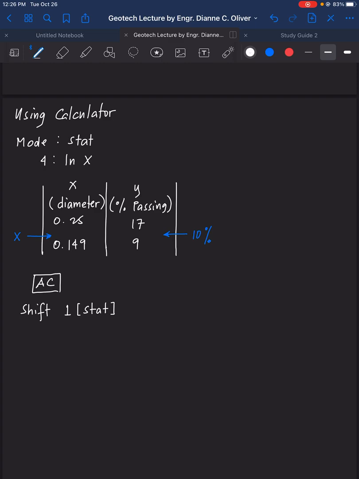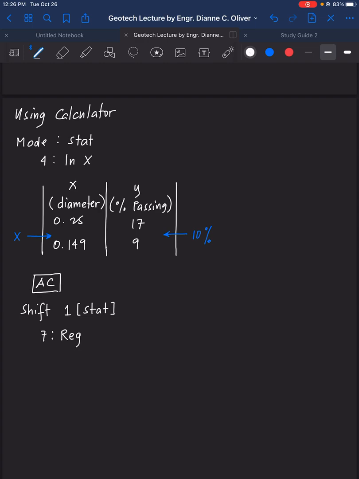Shift 1, and then you will choose number 7, that is reg. Or if you're using another calculator, sometimes Reg is found at number 5.